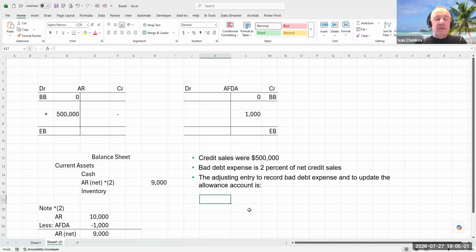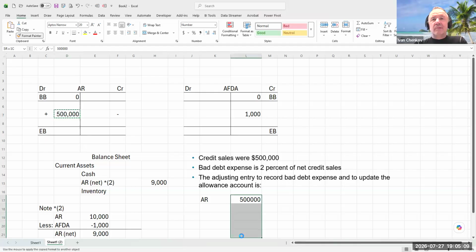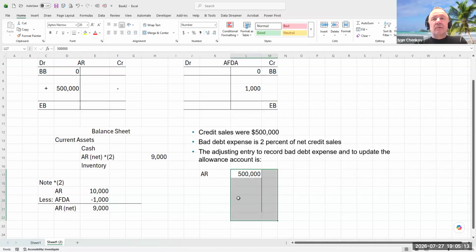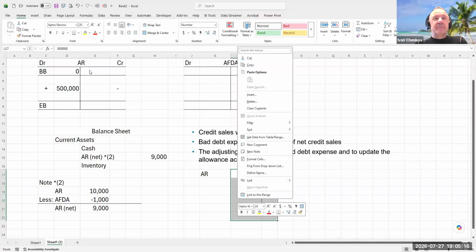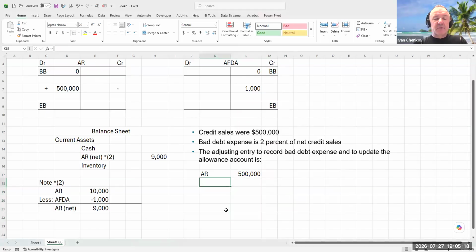First, let's calculate the 2%. Accounts receivable is again 500,000.